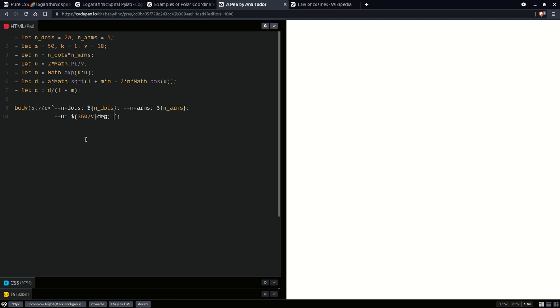And we are also going to pass that M value, okay, and we are going to pass the first radius, the first dot radius, right, and the first position radius, which is going to be basically A.